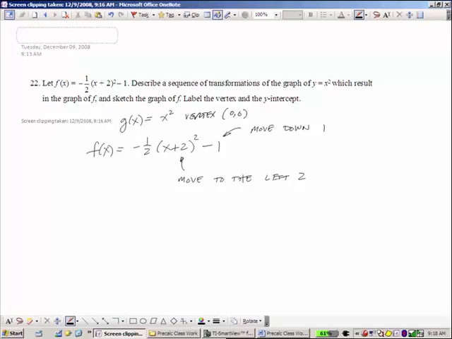Well, if we move all the x coordinates to the left 2 and all the y coordinates down 1, that means we have to move the vertex. So you could tell me what the vertex is of this new parabola. The x coordinate's going to be, according to Monty, -2, and the y coordinate's going to be, according to Travis, say it loud and proud, -1. All right, so we have an inclination that our vertex is going to be at -2, -1.